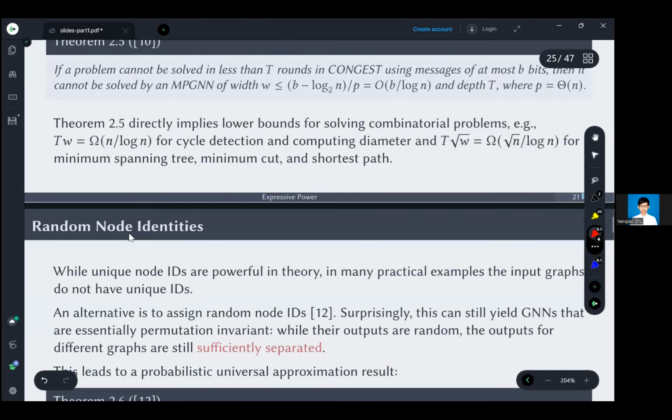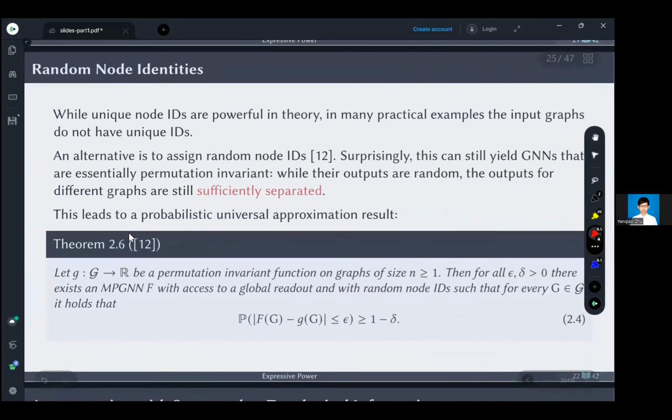So far we have been talking about many theoretical results, and here are some practical ways we can improve the graph neural network model. The first way is to give random identities to the input graph. This paper was published in IJCAI 2021, and the title of this work is "The Surprising Power of Graph Neural Networks with Random Node Initialization." Why is it called surprising?